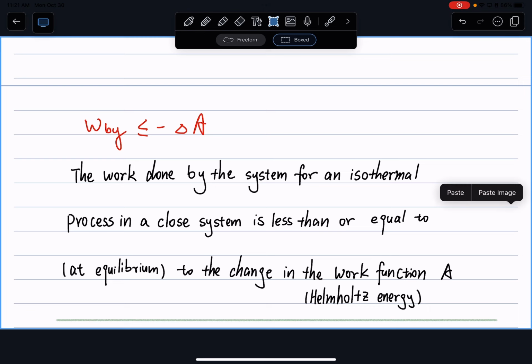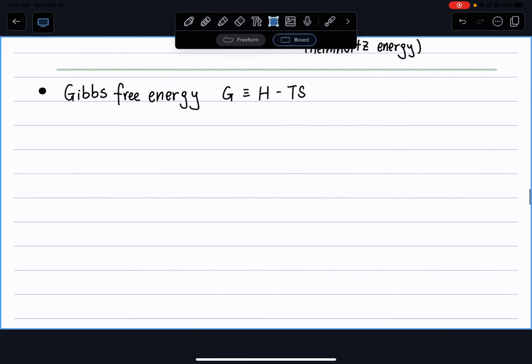Next up, Gibbs free energy. Now we use Gibbs free energy a lot in chemistry, so let's see what the physical meaning of Gibbs free energy is. Again, we start from the definition of Gibbs free energy, which is H minus TS. So Gibbs free energy equals H minus TS. And we know that H is by definition U plus PV, right?